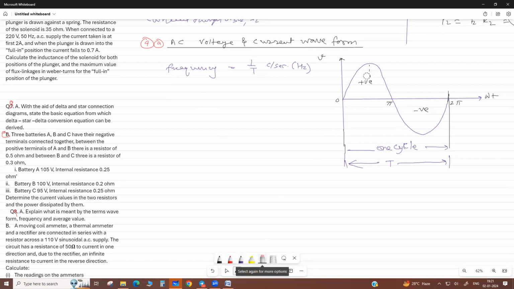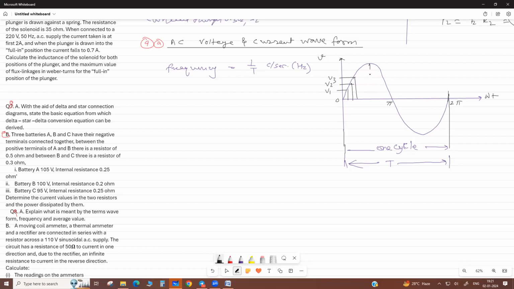If we talk about the values, because alternating current and voltage vary, at different times like T1, T2, T3, these values are like V1, V2, V3. This is called the instantaneous value.